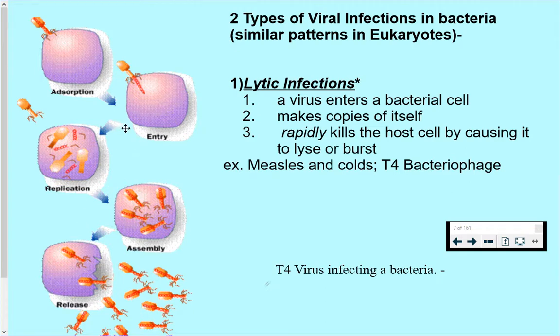If you didn't, you might want to stop now and go watch the flu attack video, because it is similar to the lytic cycle. So things like measles and colds are lytic type infections where you get sick pretty quickly, the virus takes over your cells, but you're not going to have this forever. So you might feel like you are never going to get over the flu, but it doesn't last forever.